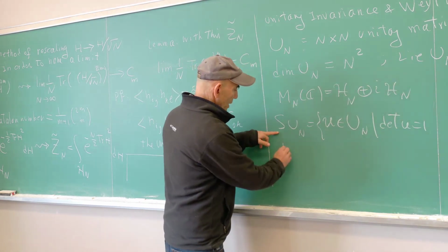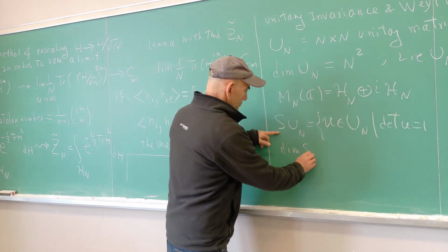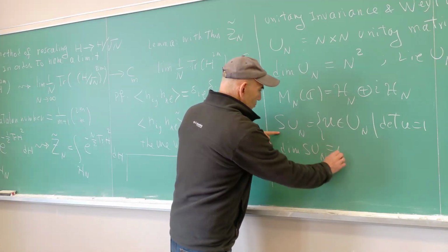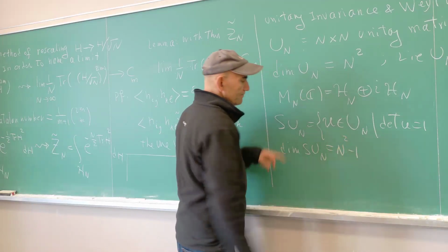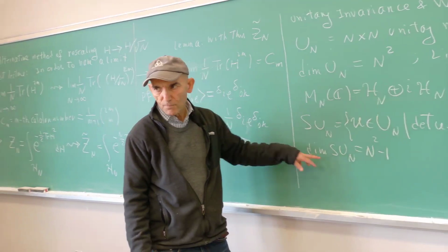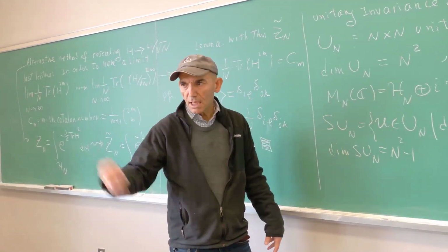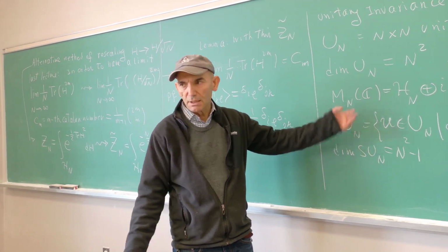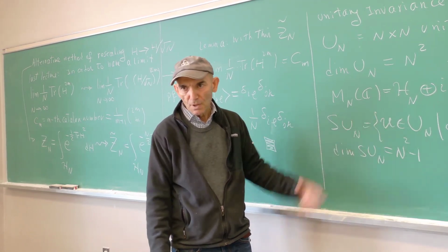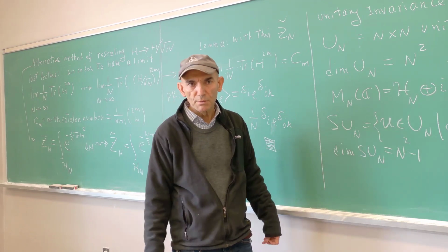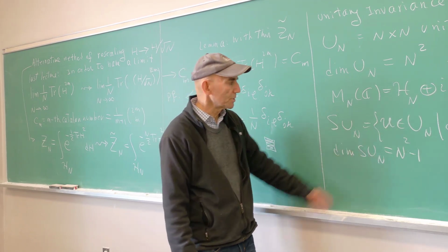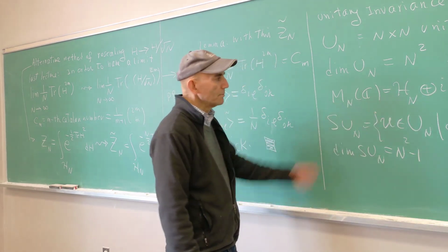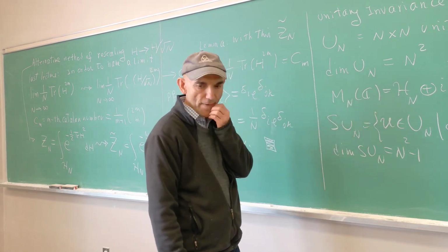The dimension of SU(n) is n squared minus 1. Like in the standard model, for example, the quark symmetry is 3 by 3 SU(3) matrices, and that's 8-dimensional.